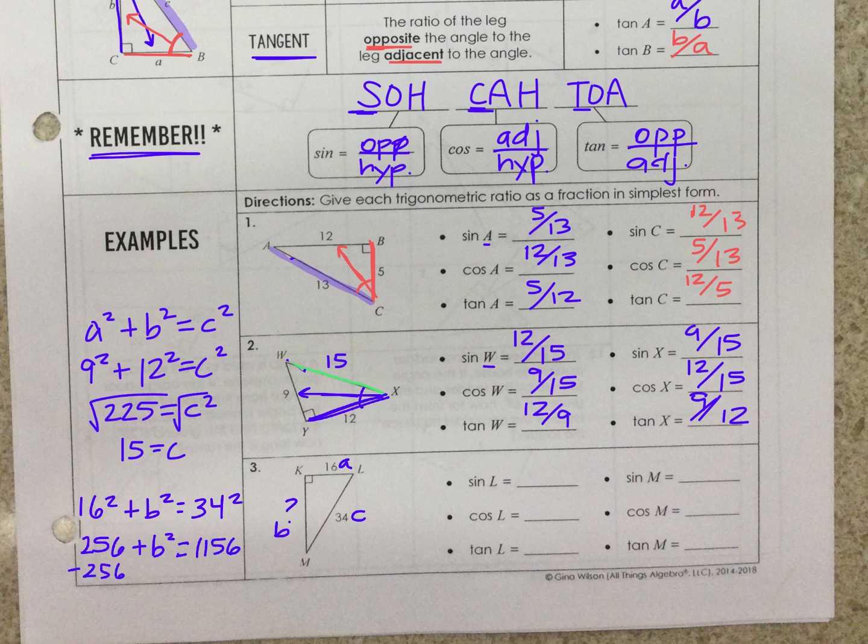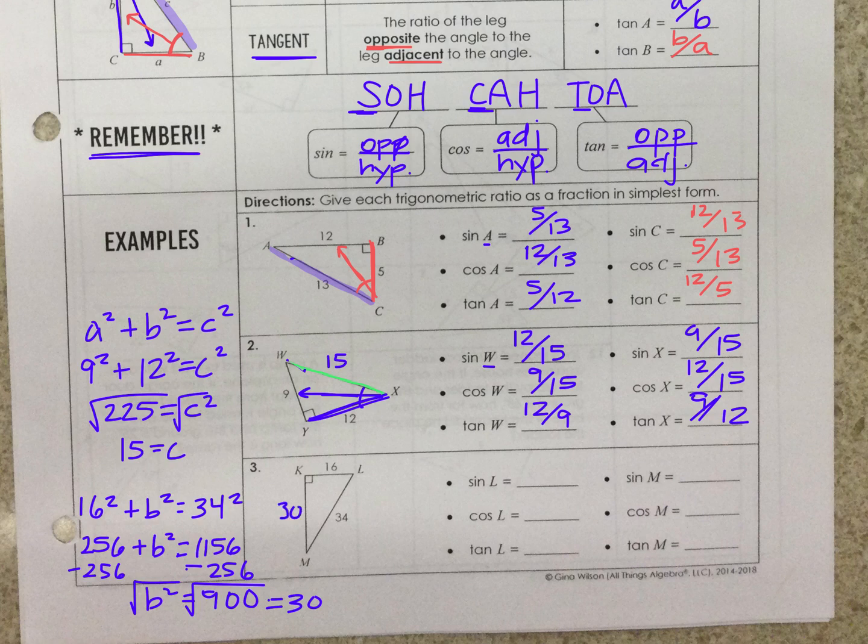Let's subtract 256. We get B squared equals 900. Then we square root it. The square root of 900 is 30. So that missing piece over here is a 30.